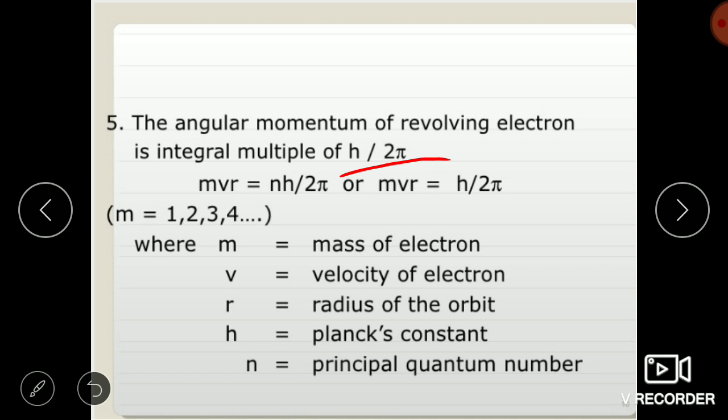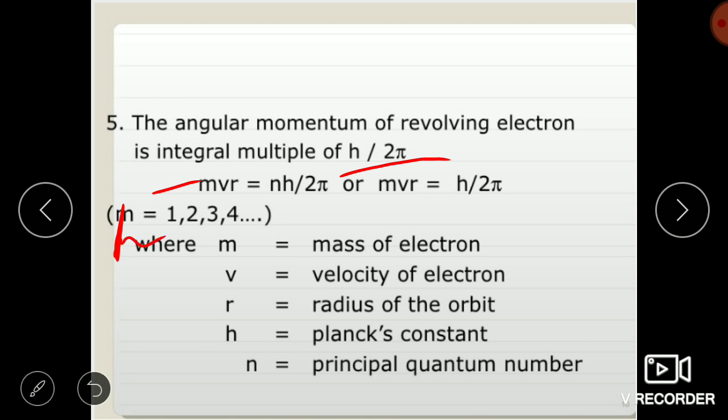Angular momentum, mathematically, is mvr, where r is the radius, m is the mass, and v is the velocity of the electron. And integral multiple means it will be multiplied with a fixed value like 1, 2, 3, 4 and so on. So it is given as n into h by 2π, where it's not m, it will be n.